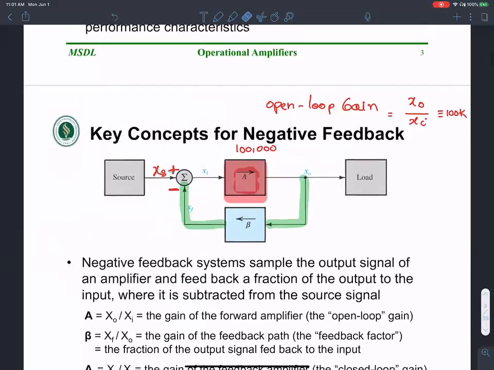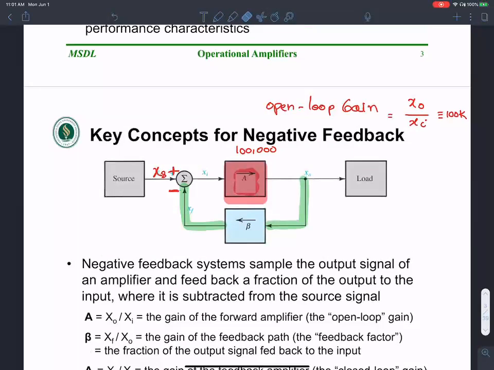The one thing that we want to understand is there are two gains. The gain from X of I to X of 0, X of 0 over X of I, is called the open loop gain. That is much, much bigger, and you want it to be much bigger compared to the closed loop gain. The closed loop gain is not from XI, sorry.